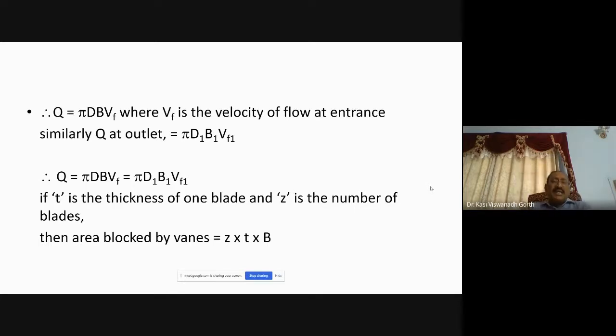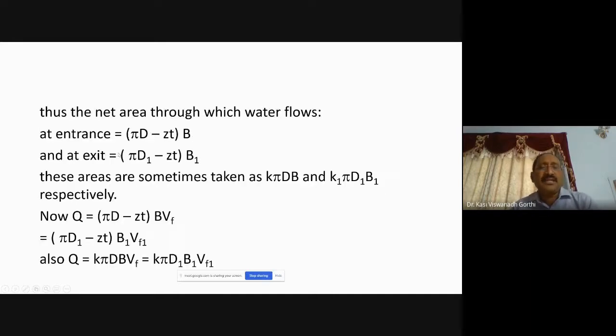If T is the thickness of one blade, Z is the number of blades, then the area blocked by the vanes will be Z multiplied by T into B, which is to be subtracted from the total circumferential area pi D B. Thus, the net area through which the water flows at entrance will be pi D minus ZT into B. At exit, it is pi D1 minus ZT into B1.